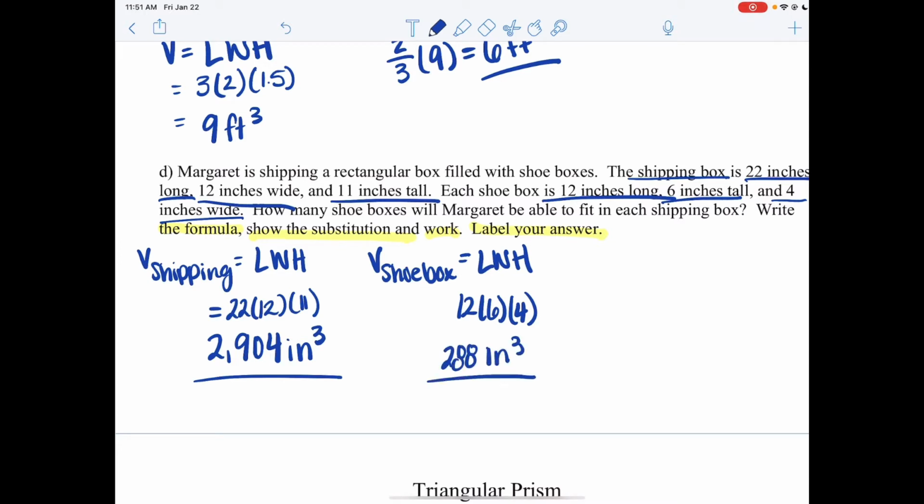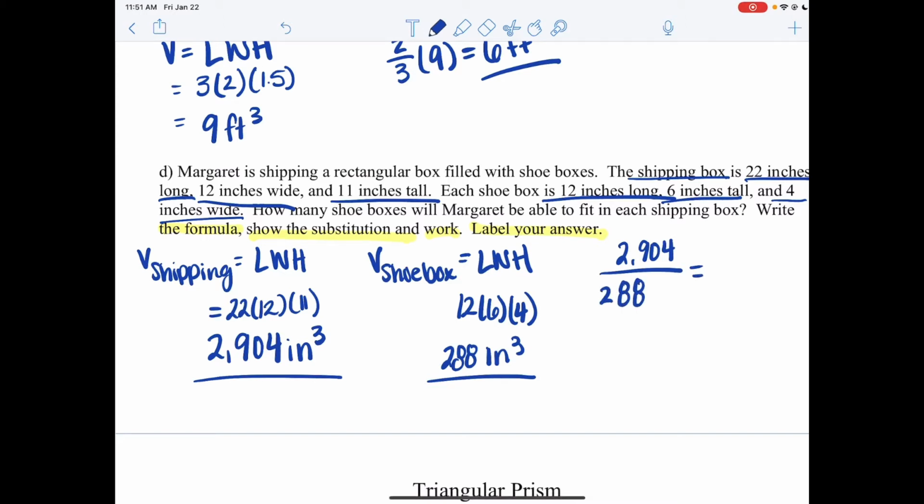Okay. Now, in order for me to figure out the actual number of shoe boxes I can put into my shipping box, I'm going to divide the total volume of the shipping box by the total volume of my shoe box.